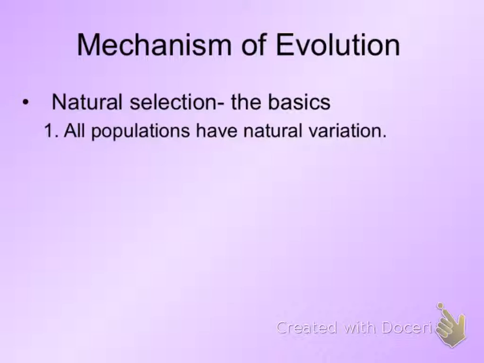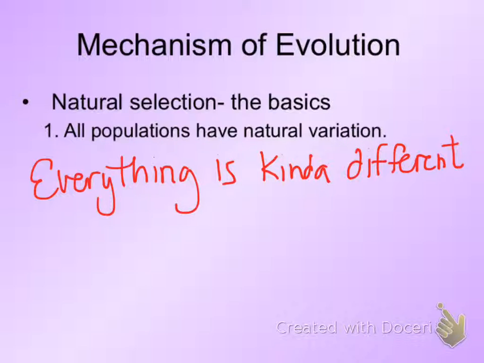How could you sum up all populations have natural variation in just a few words? Everything is kind of different. We could say everyone, but we might be talking about dandelions, oak trees, or little amoeba out in the pond.